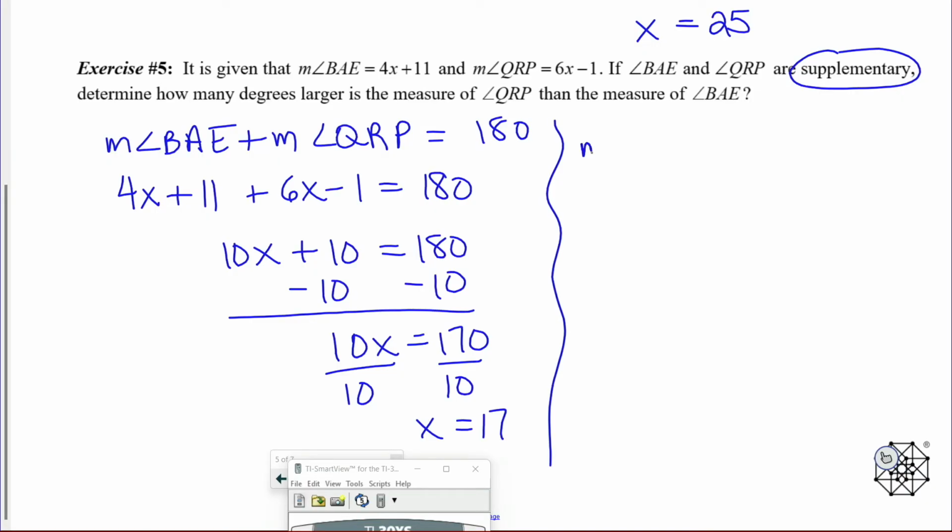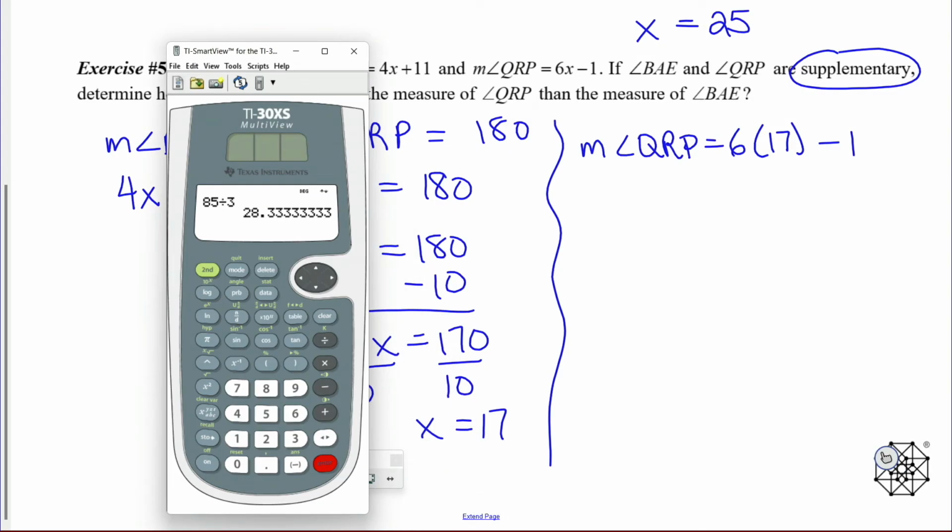So let's figure out the measure of angle QRP. That's going to be 6 times 17 minus 1. Clear. 6 times 17. Enter. Minus 1. Enter. All right, that's going to be 101 degrees. That's the measure of angle QRP.